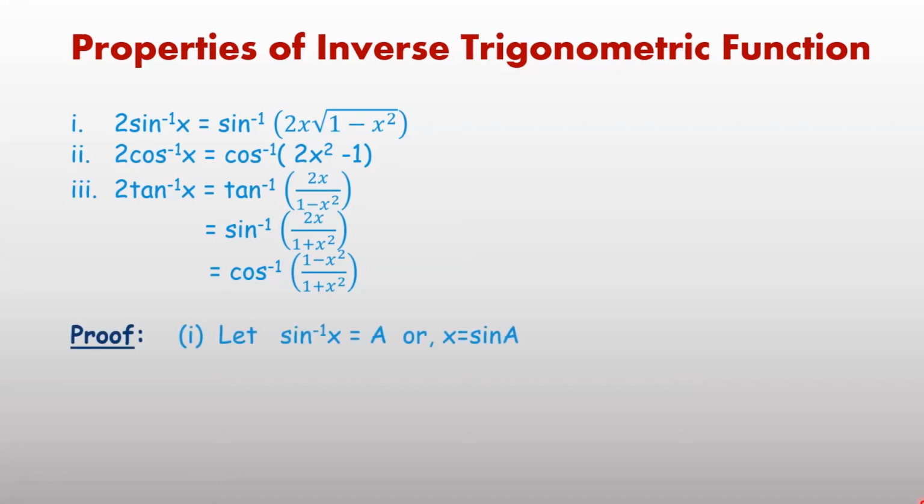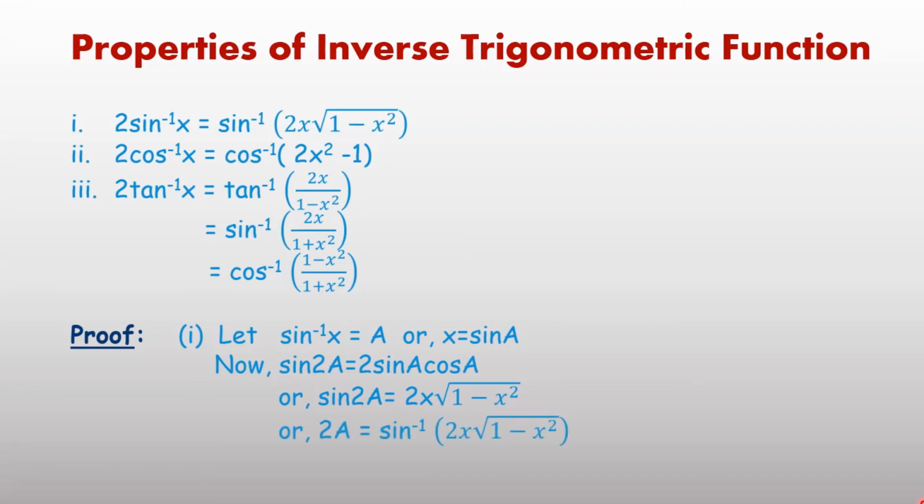Proof of the first part: let sin inverse x equal a, meaning x equals sin a. Then use the formula of sin 2a, which is 2 sin a cos a. Put the values of sin a and cos a. The next step: 2a equals sin inverse of 2x under root 1 minus x square.